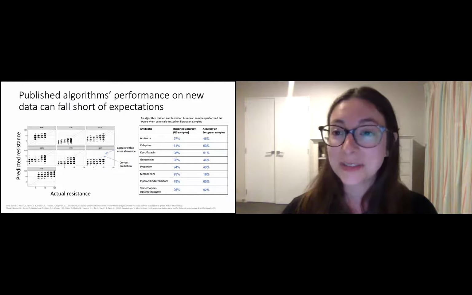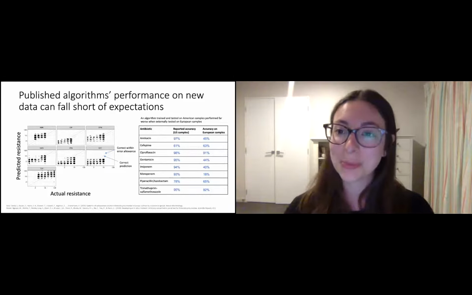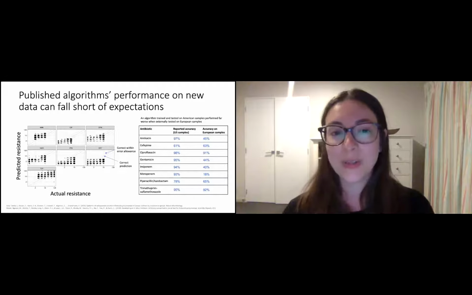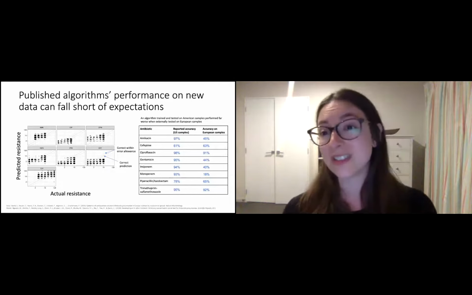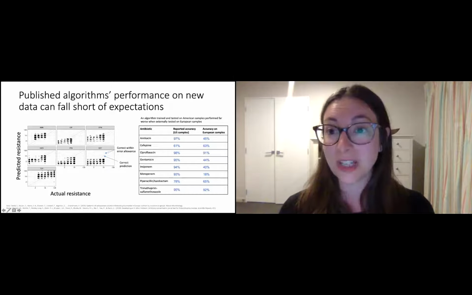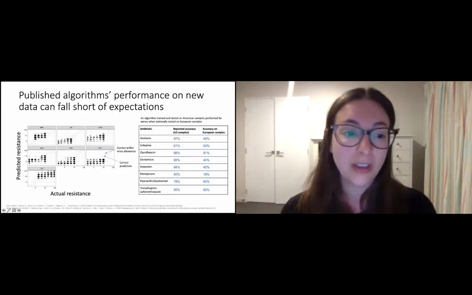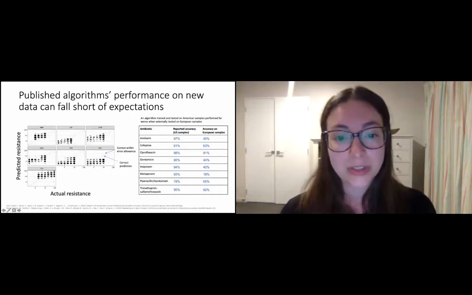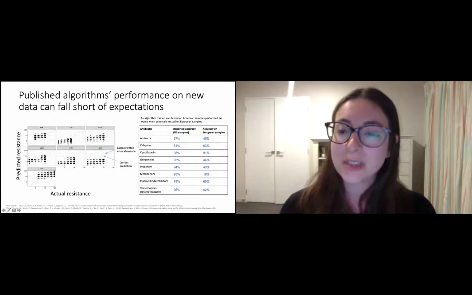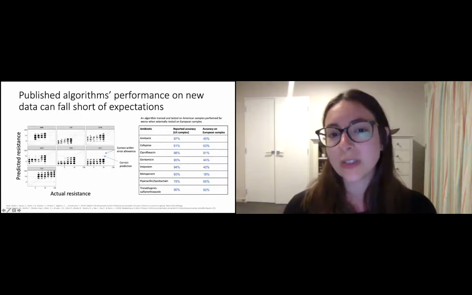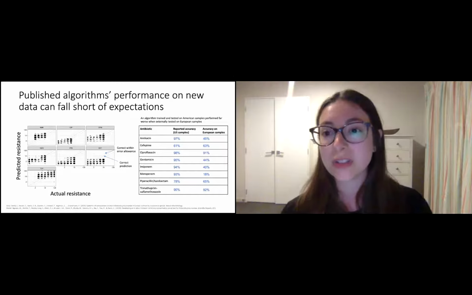So I guess another reason for concern is that of the countries where we do have a lot of data, algorithms trained on samples from one country don't necessarily do well when they're challenged with data from another country. For example, this is a paper that was published relatively recently, which predicts, it's a machine learning algorithm that predicts resistance to a panel of antibiotics you might want to use in the clinic.